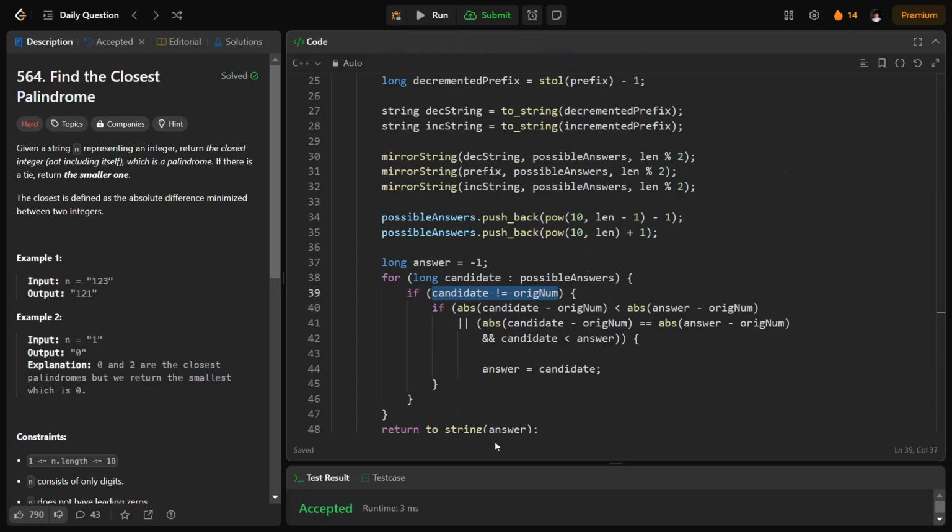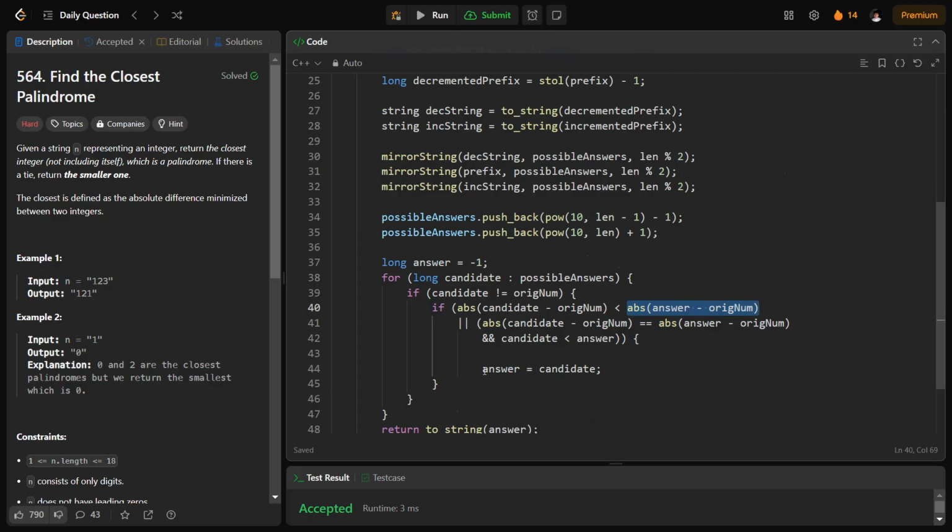Now I check the absolute value of the difference between the candidate and the original number. If the candidate is not the original number, I check its distance from the original number, and if it is less than what we already had, that means we have a palindrome that is closer to our original number.